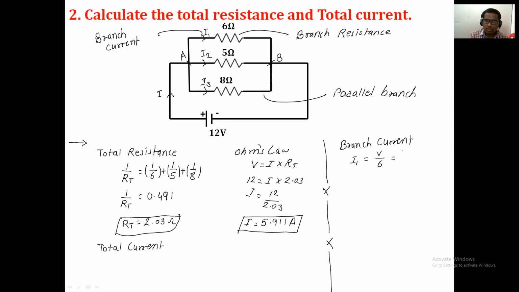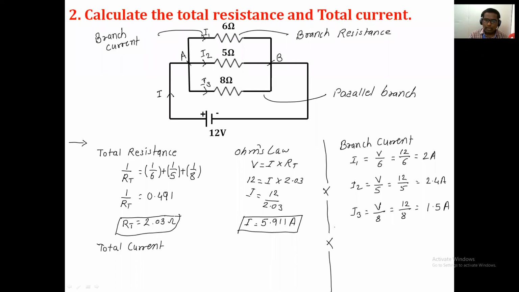So with voltage 12 divided by 6, which is equal to 2 ampere. Then I2 is equal to V divided by 5, which is nothing but 12 divided by 5, which is 2.4 ampere. And then I3 is equal to V divided by 8, which is nothing but 12 divided by 8, which is equal to 1.5 ampere.